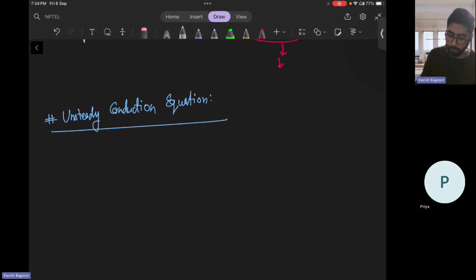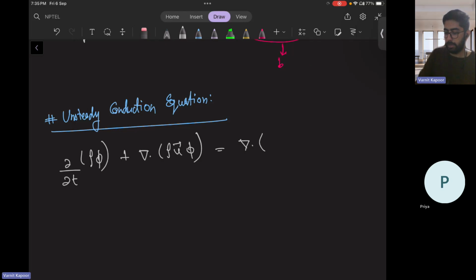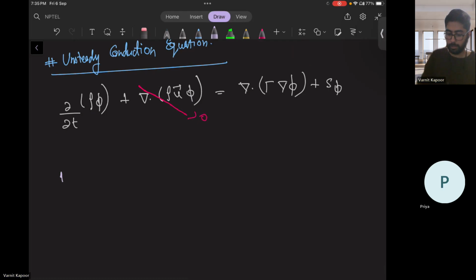Okay, so our equation, from the initial lectures, if you observe, was del dot rho u phi is equal to del dot gamma grad phi plus S. If I make some 0, my boundary condition is like x is equal to xc, y is equal to yc at t.